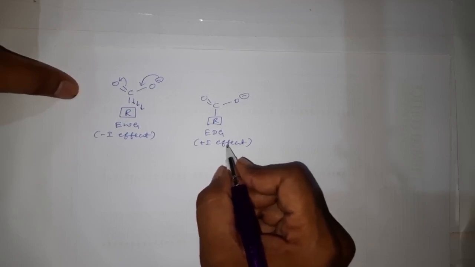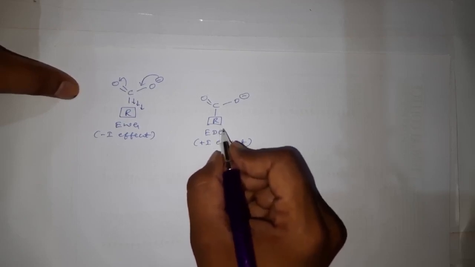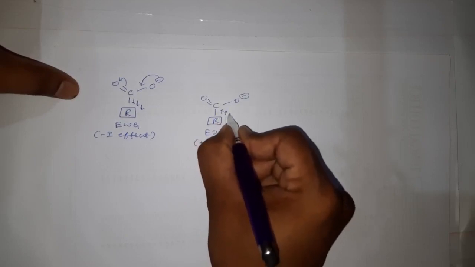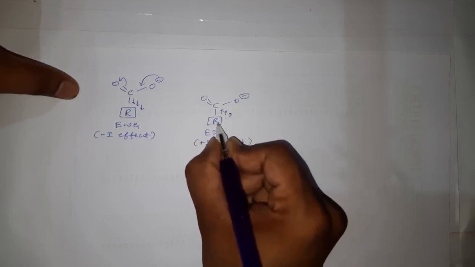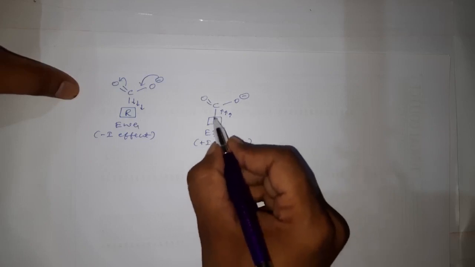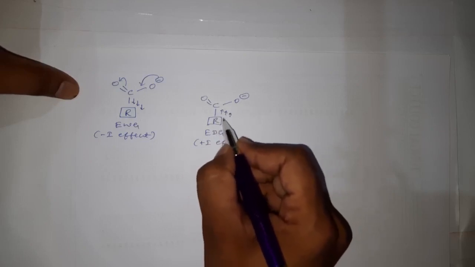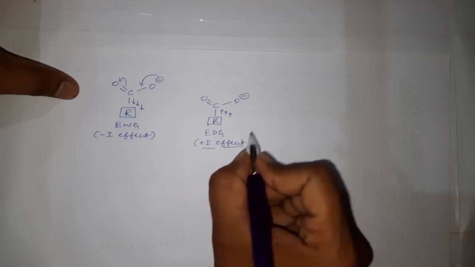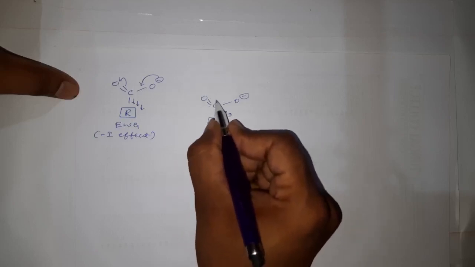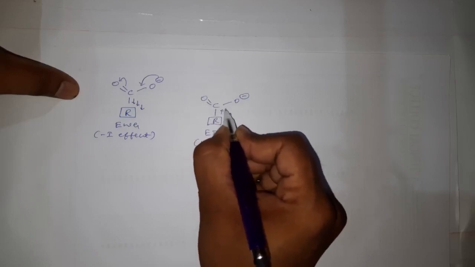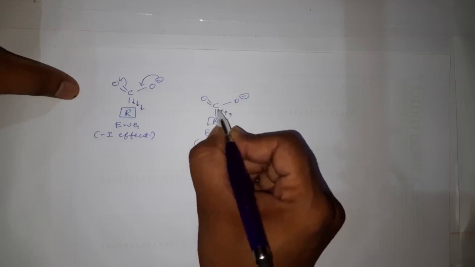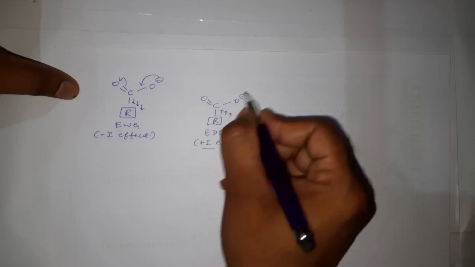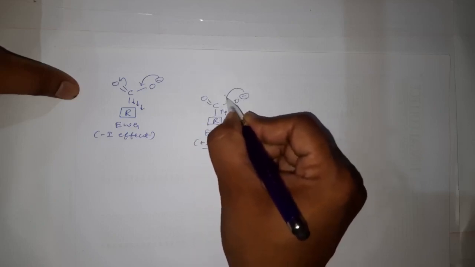Positive inductive effect is where the bonded electron pairs are pushed away from the substituent, and as a result of this positive inductive effect, there is a higher concentration of electron density surrounding the carbon.